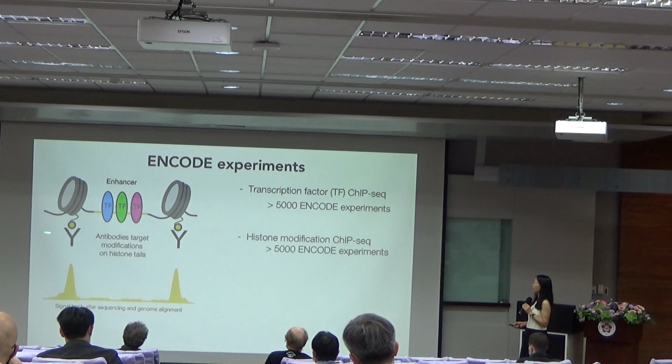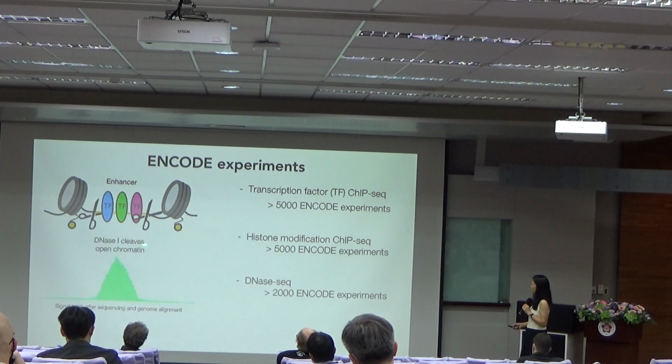They demarcate, like little flags in the genome, to show you potential functions of that region. You can also raise an antibody against each modification and find out where they are in the genome using the same assay, ChIP-seq, and ENCODE also has a lot of these experiments across different histone marks and across different samples.